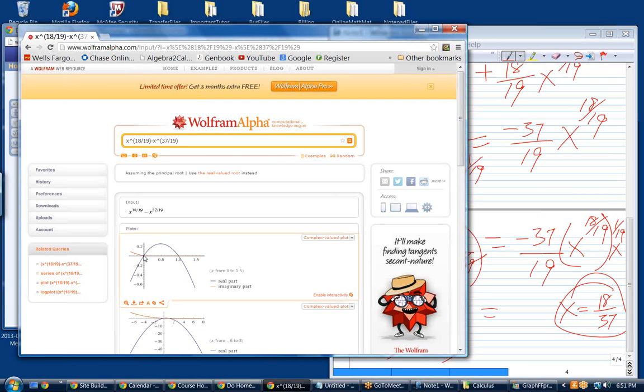Excuse me. It's increasing from negative infinity to 18/37. That point right there is going to be 18/37. And then from 18/37 to positive infinity, it's decreasing.